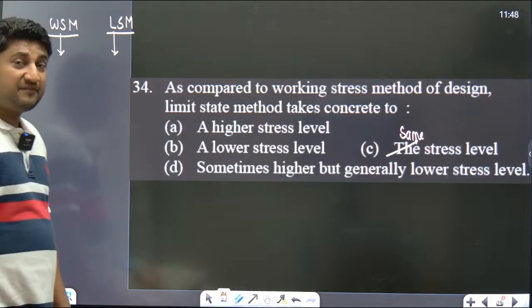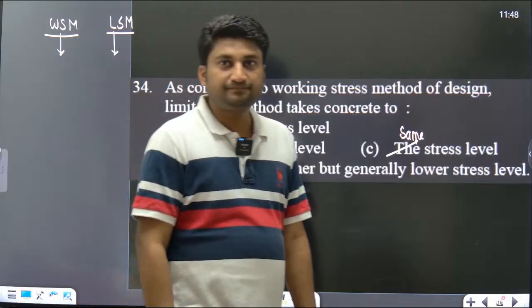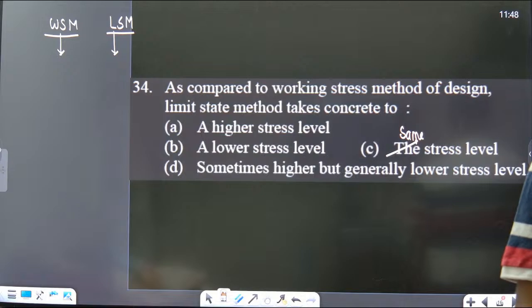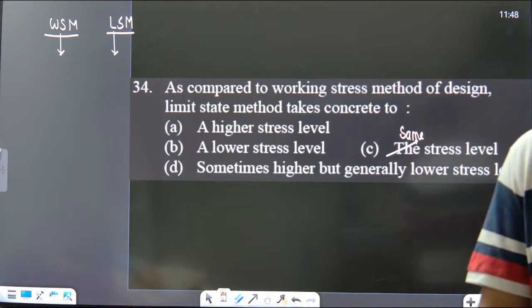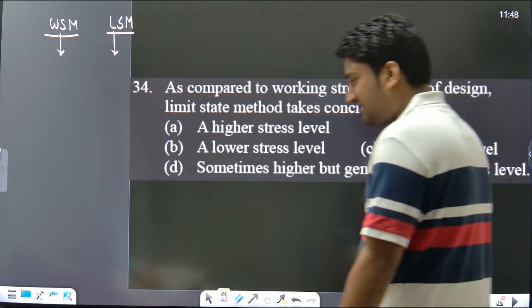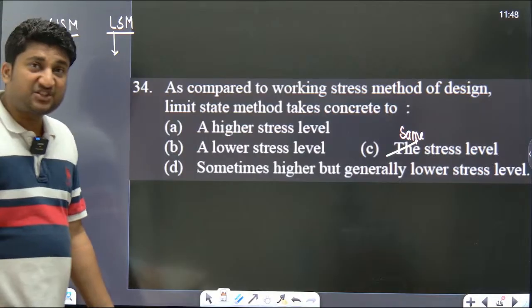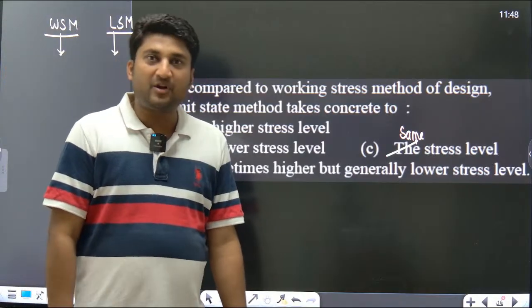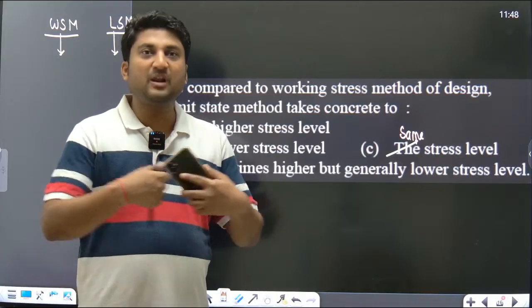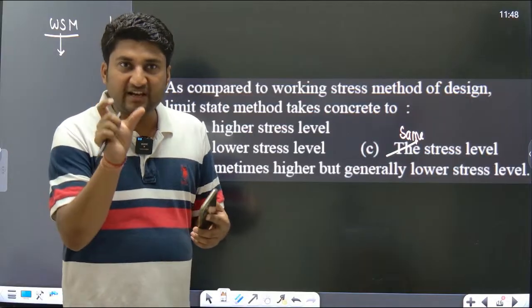Yes, very good. Now 0.002 is plastic strain and 0.87 Fy upon Es is elastic strain. Whenever we pull a body beyond the elastic limit and remove the load, some of the strain is left behind.